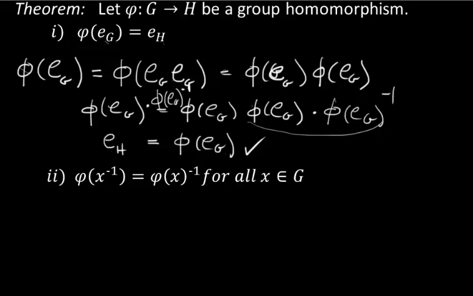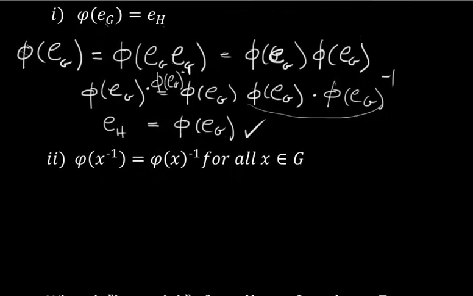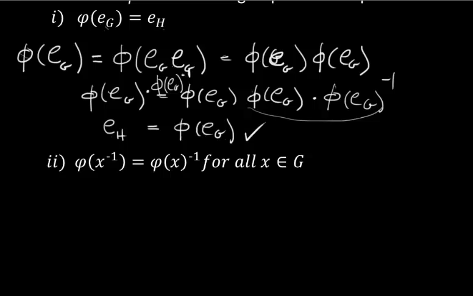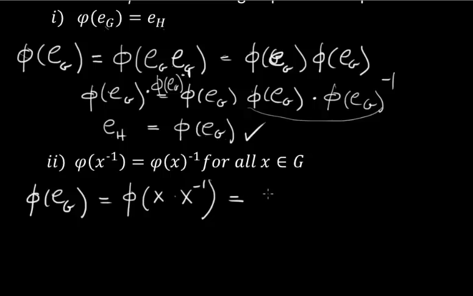If it sends x to an element in H, it sends x inverse to that element's inverse in H. So to prove this, I know that x times x inverse is the identity in G. So I'm going to start out again with phi of the identity in G, and I'm going to write it as phi of x times x inverse, which is, because phi is a homomorphism, phi of x times phi of x inverse.